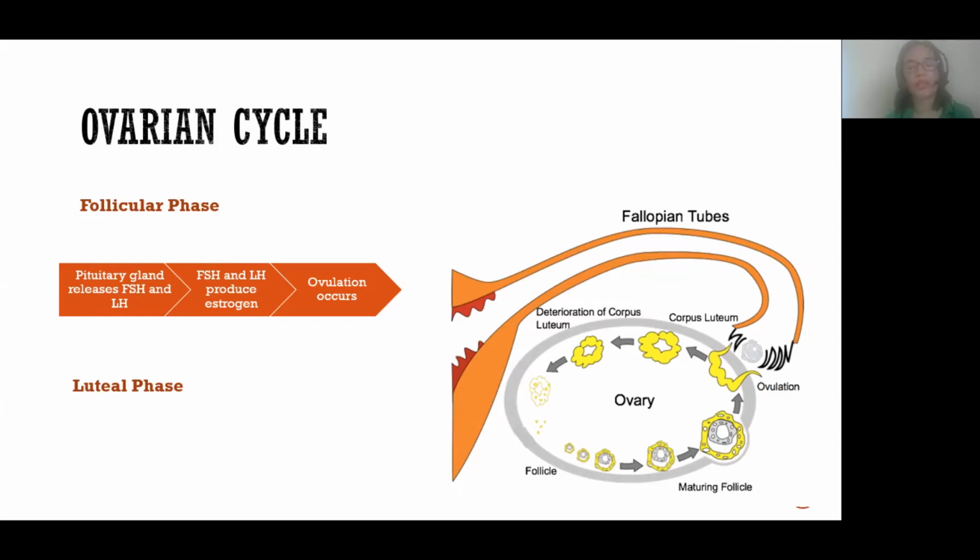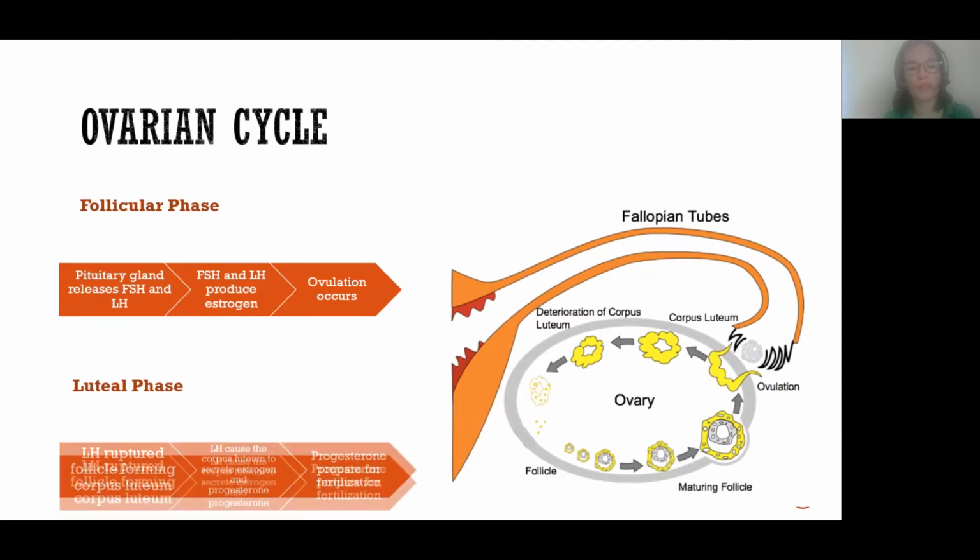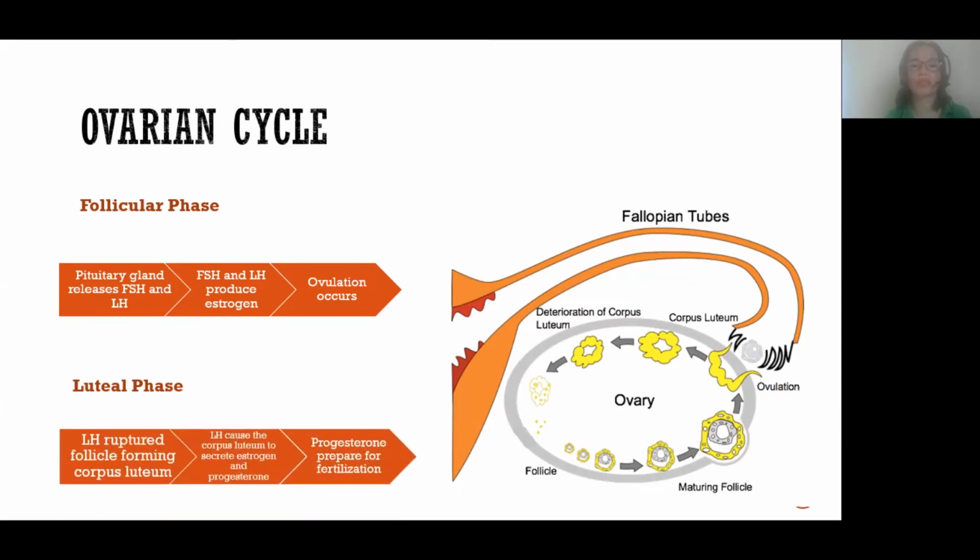How? The luteinizing hormone makes the corpus luteum produce estrogen and progesterone. Okay, and this progesterone prepares for fertilization. Okay, so the corpus luteum is the one that produces the progesterone, and that progesterone will be used for fertilization.